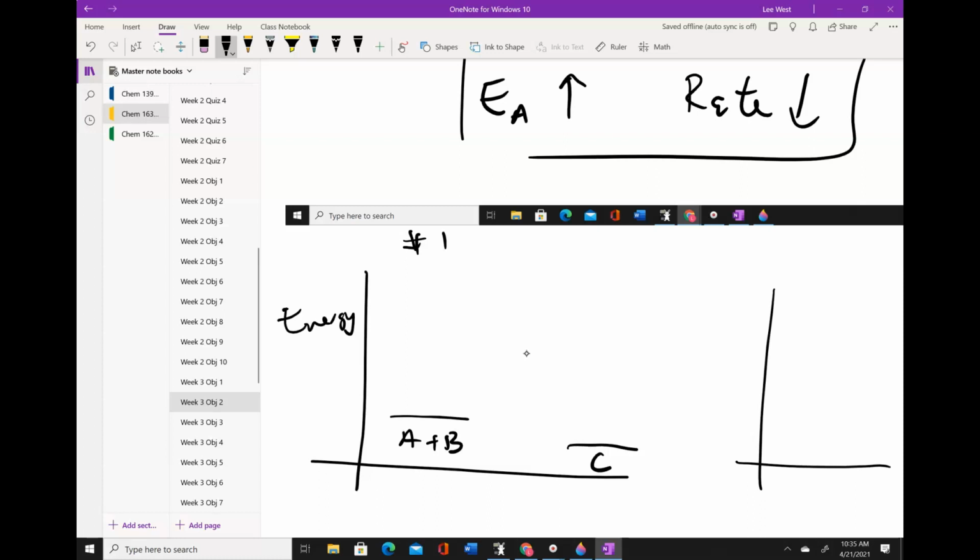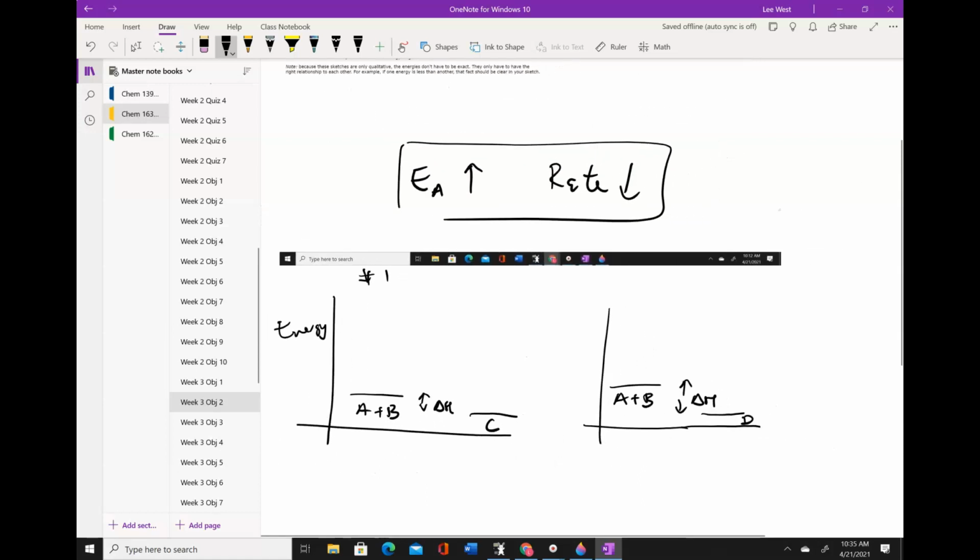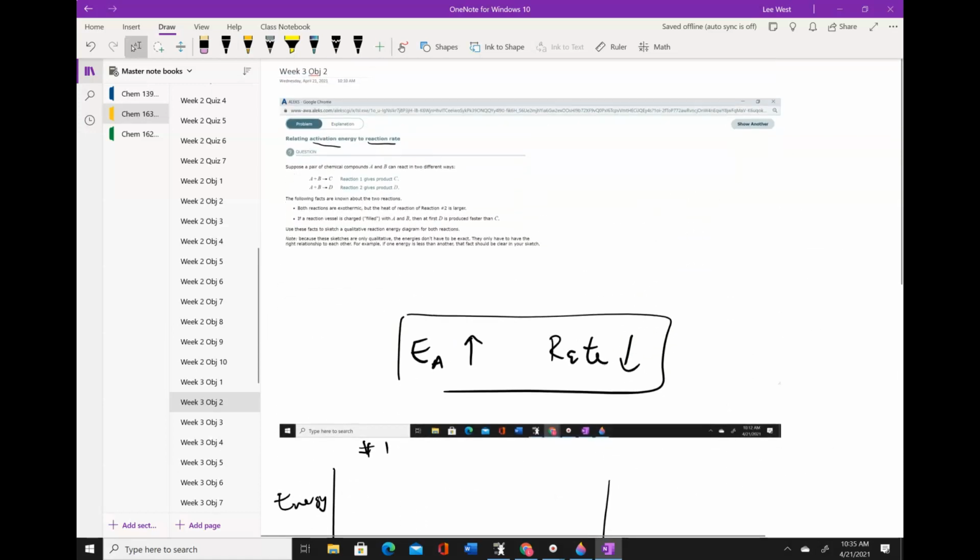The products still lie lower in energy than the reactants, which is what makes the reaction exothermic. But here is the second one, and we've got a bigger gap in energy, you see, right?